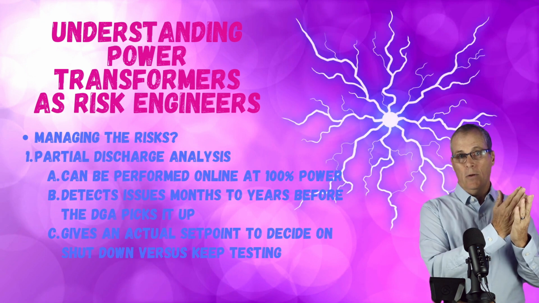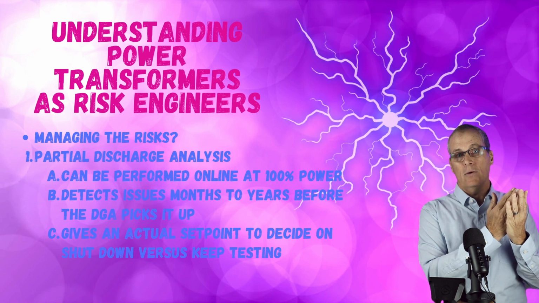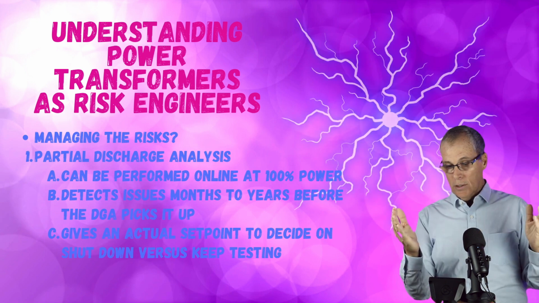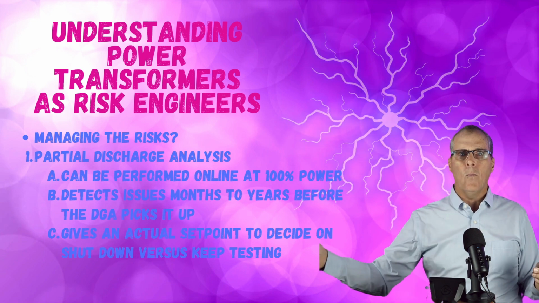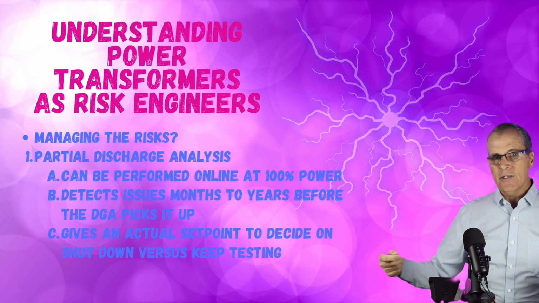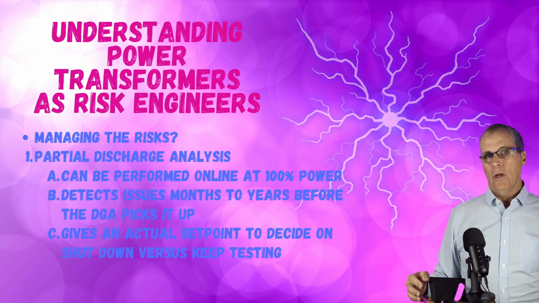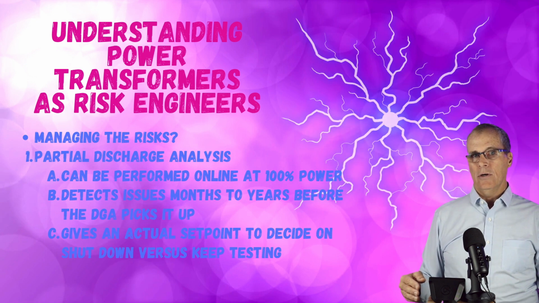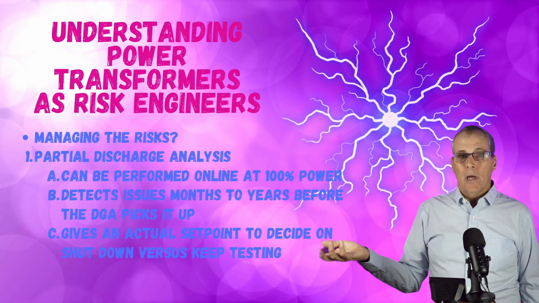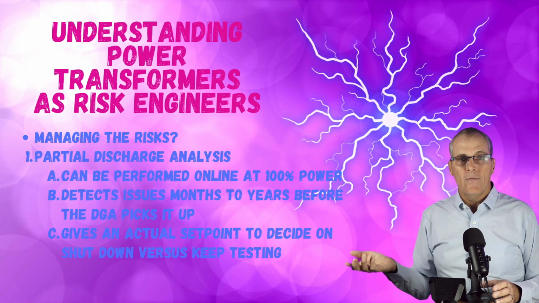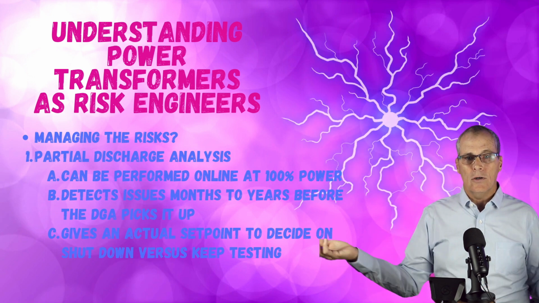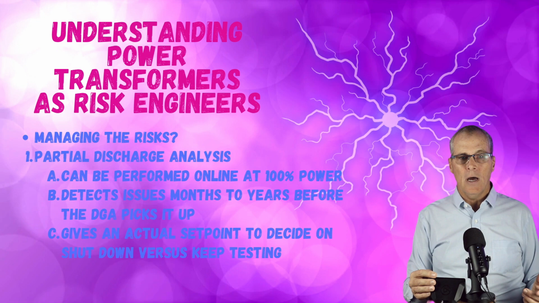One day, this is the number you have to do. If it gets to this number, take it out of service. Today it's not at that number, you're good. And you can go walk up to the machine. You don't have to sample the oil and send it to a lab and find out if the partial discharge is good or not. You can walk up to the machine with a piece of test gear and find out if the partial discharge is growing or if it's not.